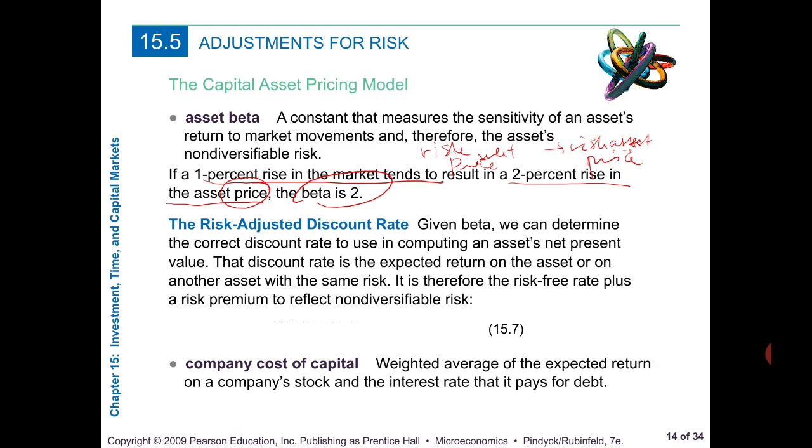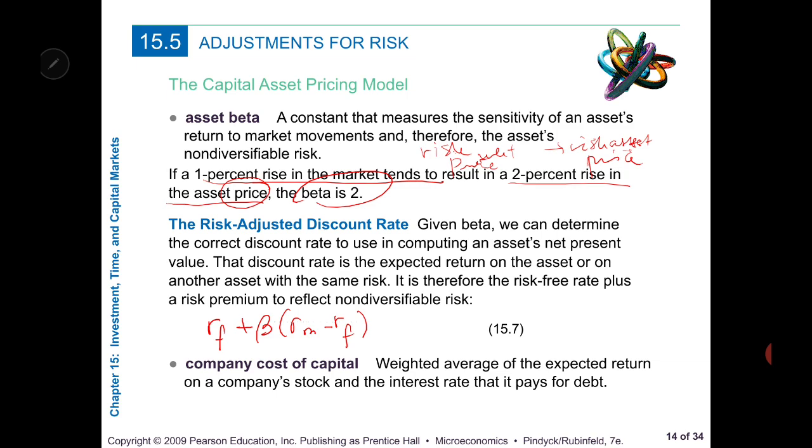Now, what is the risk-adjusted discount rate? The risk-adjusted discount rate is the RF plus beta times (RM minus RF).